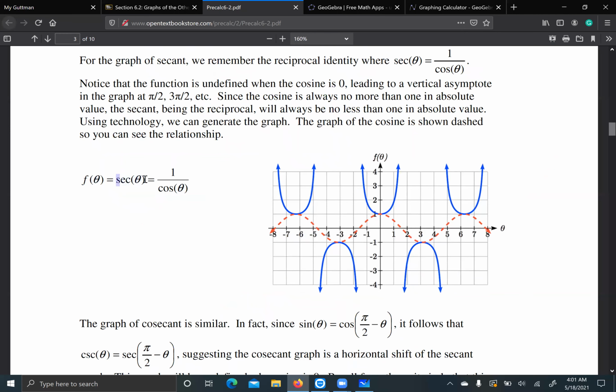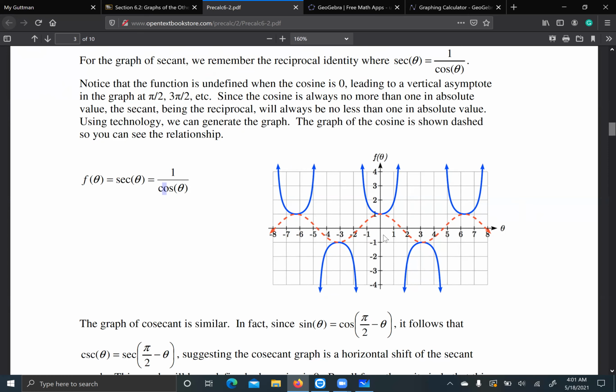So secant is 1 over cosine. By the way, in this picture, the graph in blue is the graph of secant, and the dashed red graph is the graph of cosine, because secant is defined based on cosine. There's a relationship between secant and cosine, and this image shows you the connection between these two graphs.